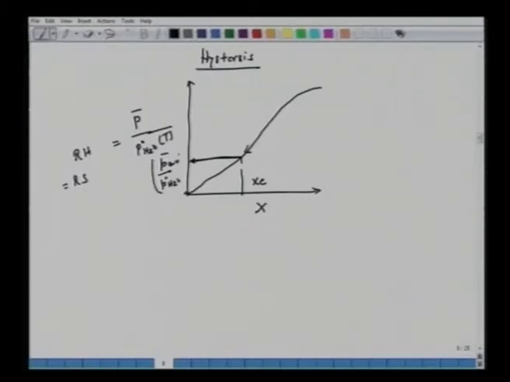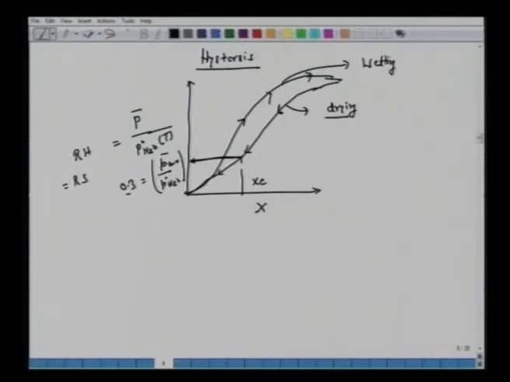Let's say this number is 0.3. Now when we dry, we go like this, and when we want to wet, we have a different path like this. So this is all about hysteresis. One path for drying, where moisture content decreases, and one path for wetting.